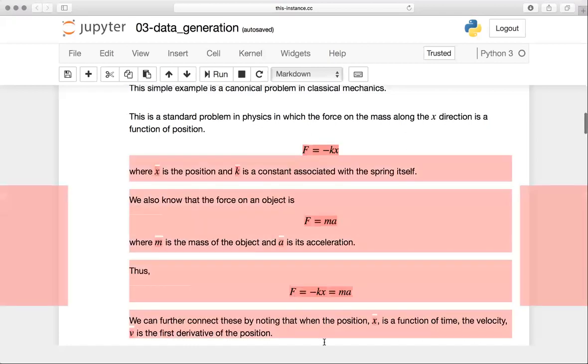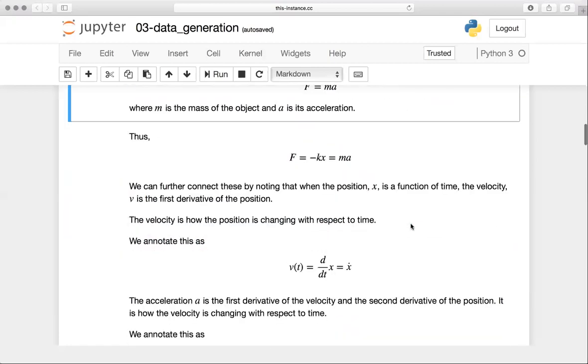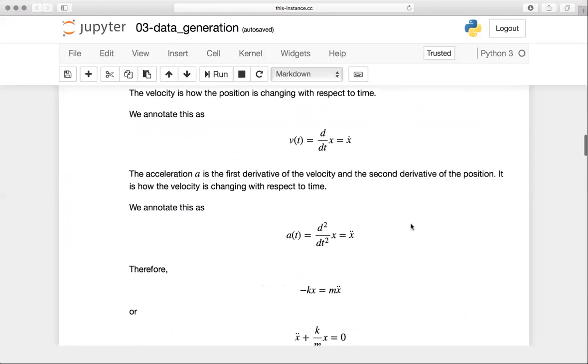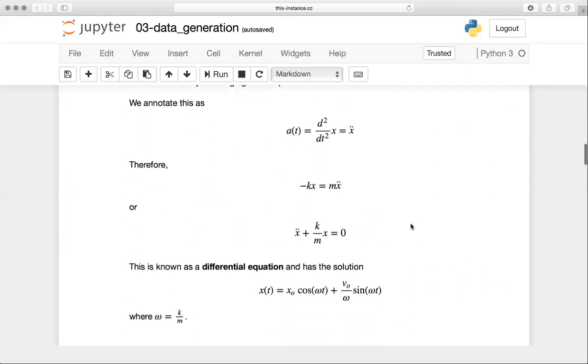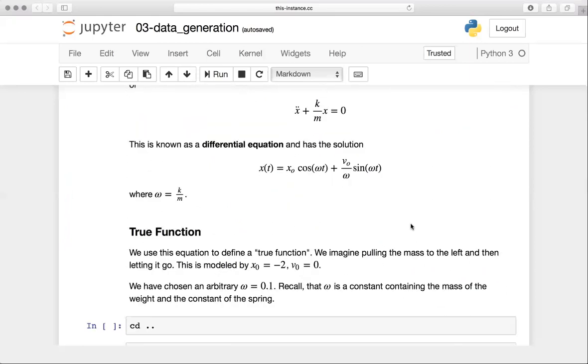We can do some fancy differential equations solving to come up with this, where the position of the spring as a function of time is equal to the initial position times a cosine plus the initial velocity times a sine.